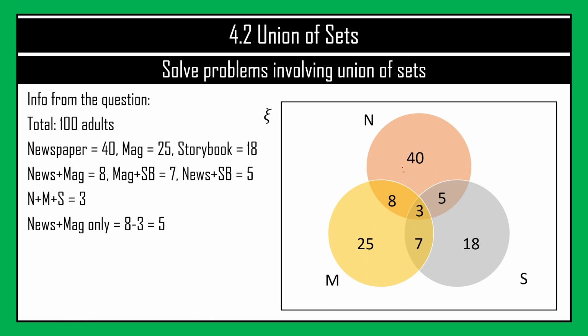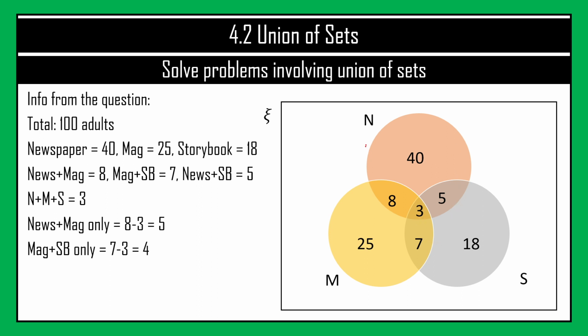Now I'm going to do the same for magazine and storybook only, because 7 actually represents everything here. But because 3 has already taken up this much, we need to find how many of them are in the magazine and storybook section only. So we do a similar operation, which is 7 minus 3 equals 4.